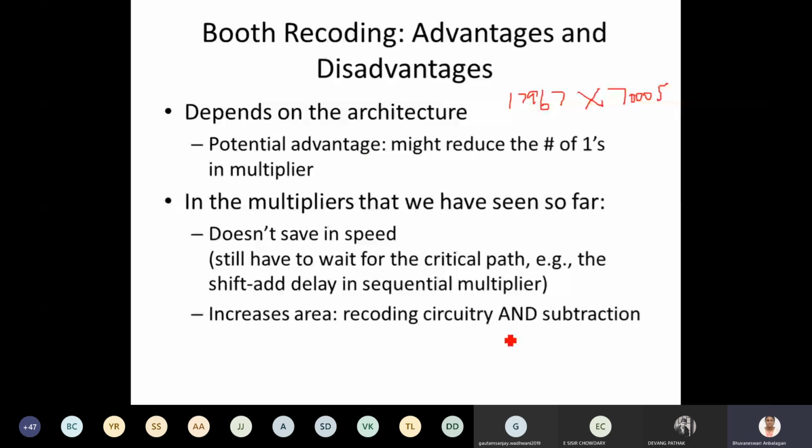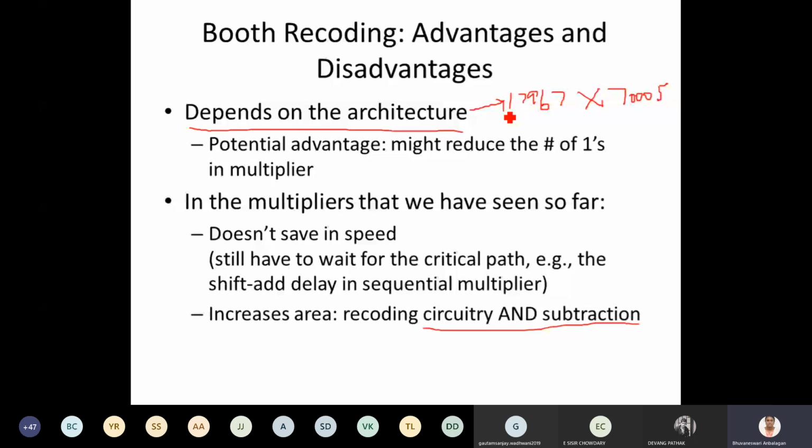It involves a lot of circuitry and addition and subtraction operations. Okay, due to which it depends on the architecture. For example, if your architecture has a very low configuration, and you deal with very high order numbers, the Booth algorithm for signed numbers is not suitable.